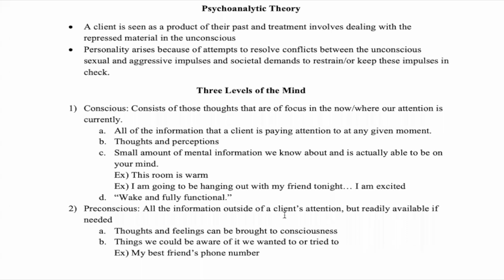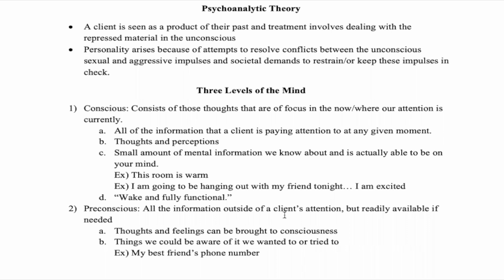Personality arises because of attempts to resolve conflicts between the unconscious, sexual and aggressive impulses, and societal demands to restrain or keep things in check, or to avoid being 100% impulsive with decision making. And that's where the components of personality are going to come in.